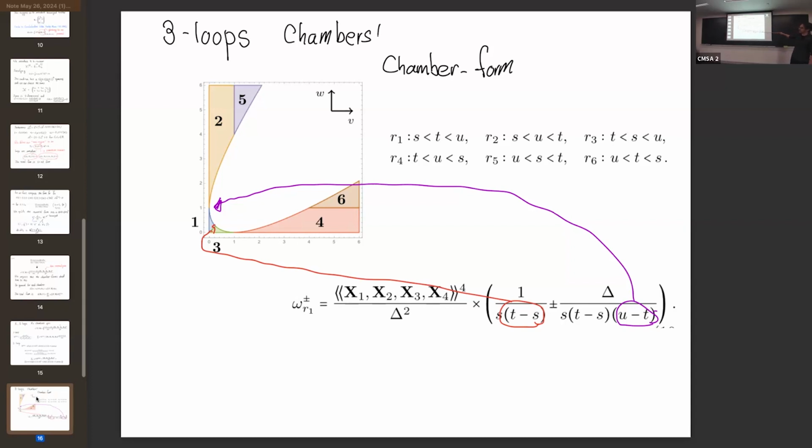Of course, the delta square you can associate with the extra constraint that delta square has to be bigger than 0. This is a chamber boundary for R1. This is the chamber form for R1, and you just do permutation, and then you can get the chamber form for all the other chambers.